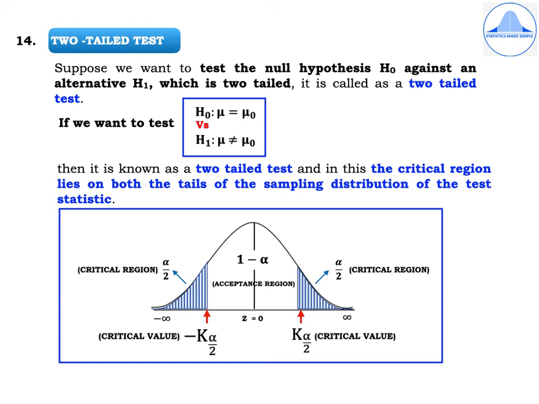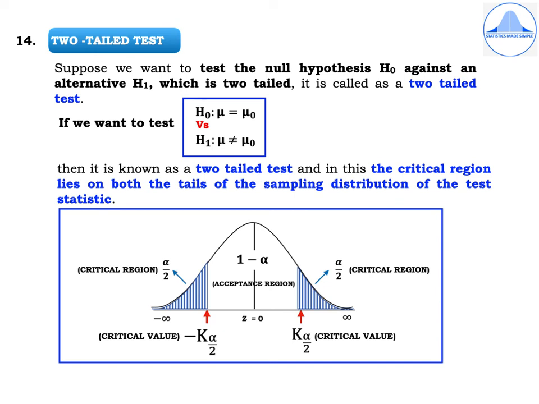The critical region, which is denoted by alpha, now gets divided into alpha by 2 and alpha by 2. I have shaded the right tail as well as the left tail of the sampling distribution of the test statistic in blue color, and these two shaded areas denote the critical region, each of alpha by 2. The unshaded part is 1 minus alpha, which is the acceptance region.